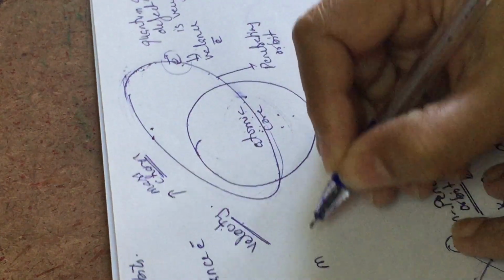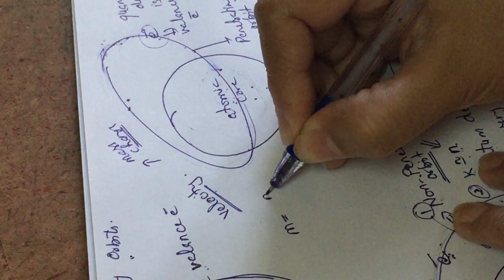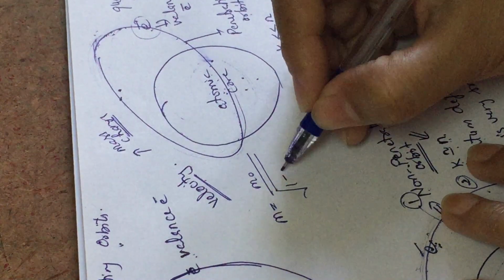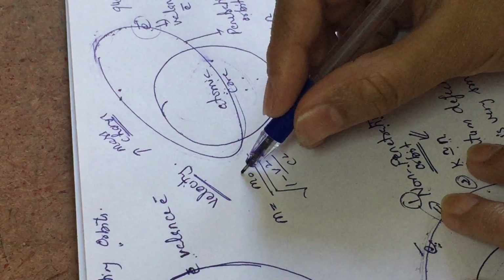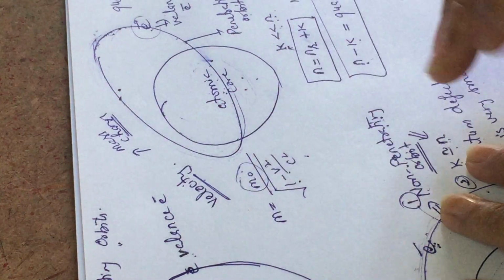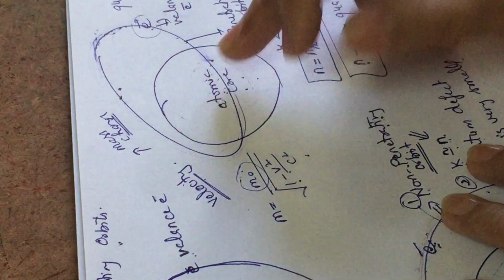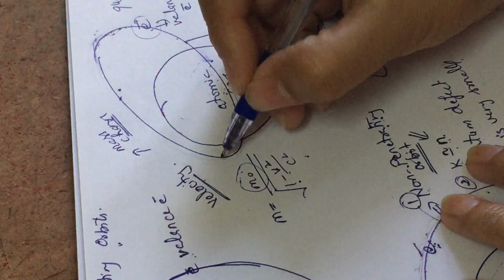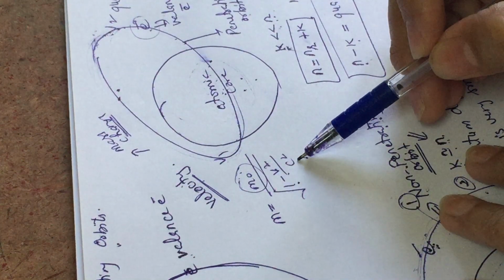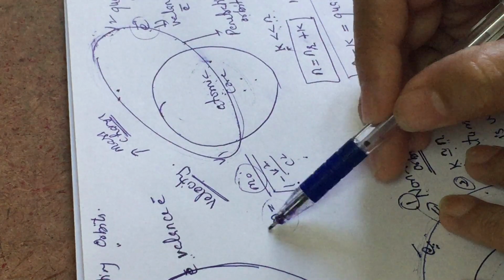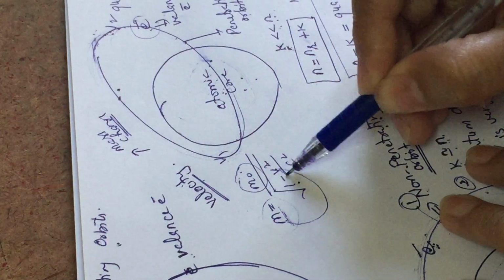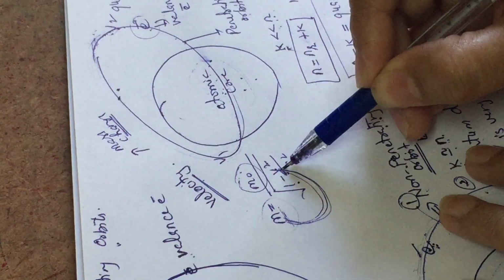If we consider the relativistic equation for the mass, m is equal to m naught over the square root of 1 minus v square upon c square, where m naught is the rest mass of the electron, v is the velocity of the electron at different positions in the orbit, and c is the speed of light, then the mass of the moving electron will change as the velocity changes.